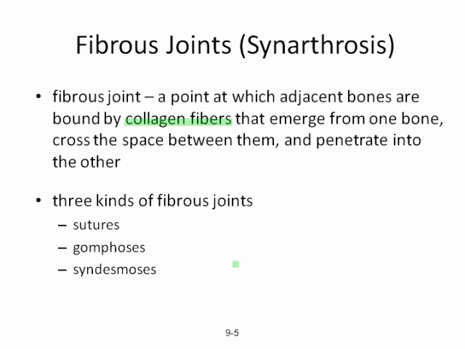Now, there are 3 types of fibrous joints. We have sutures, gomphoses, and syndesmoses, right, 1, 2, and 3. And we're going to take a look at each of those three on the next few slides.